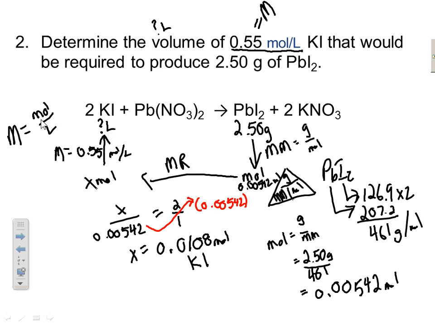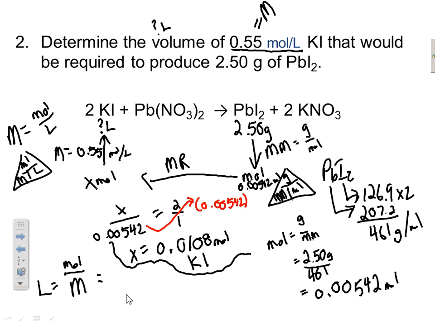We're ready now to find liters. Making our triangle out of this guy. Moles, liters, molarity. We want liters. Liters is equal to moles over molarity. Running out of room here, so I'll make a little squiggly line here so I don't run into the calculation. So moles, 0.0108 came from there, right?